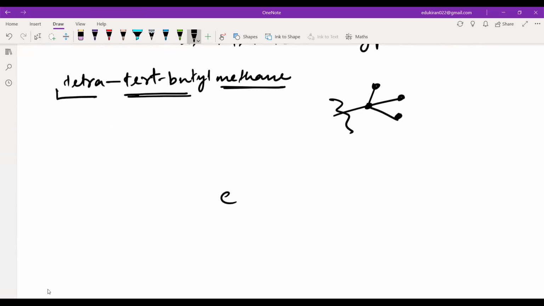When it is attached like this, it is tert butyl, because the point of attachment is a 3 degree, or tertiary, carbon. You remember tert butyl, all of you? Yes, sir. Okay, so we have tert. Tetra means there are 4 such arrangements.